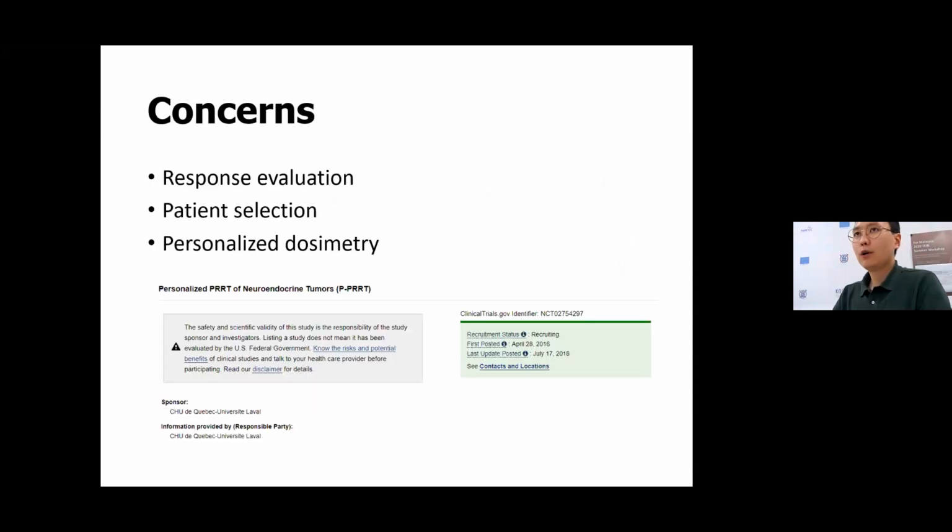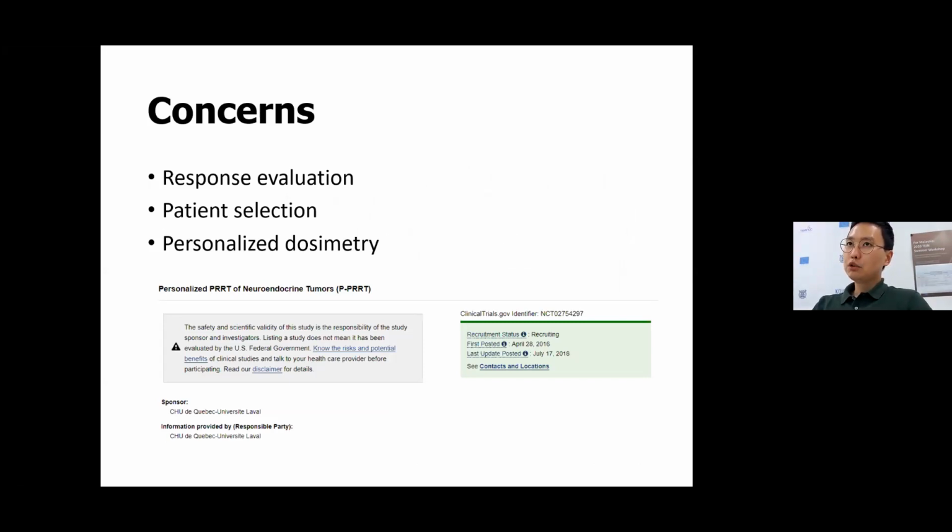But for the application of PRRT therapy for neuroendocrine tumor and prostate cancer, there are still some concerns which need some consensus. Firstly, for the response evaluation: what kind of method should we use for evaluation of the response?